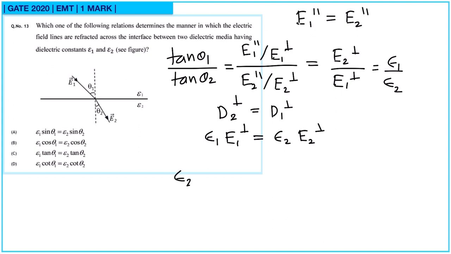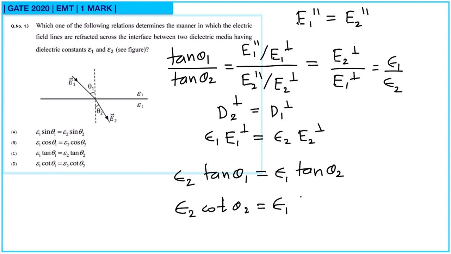So that is epsilon 2 tan theta 1 is equal to epsilon 1 into tan theta 2. But this option is not there. So here we can take reciprocal on both sides. So this will be 1 upon tan theta 2, it will be cot theta 2, and 1 upon tan theta 1 is cot theta 1. So here option D is correct.